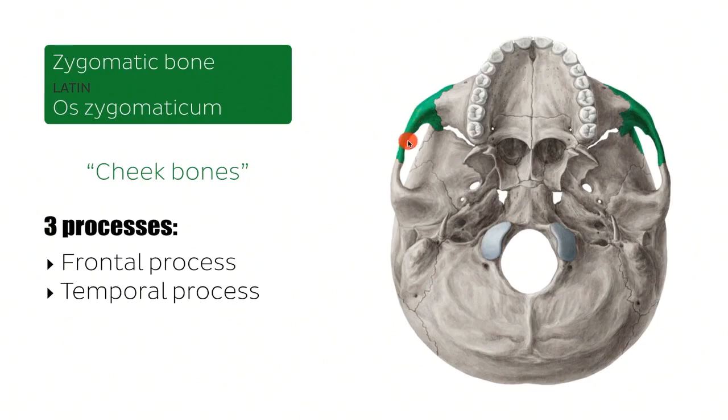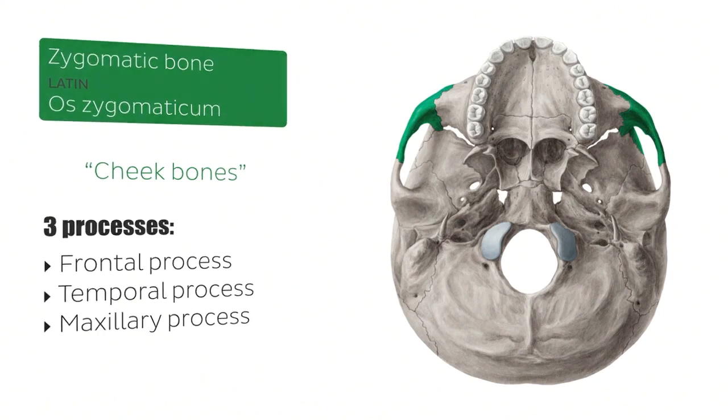These are the temporal processes of the zygomatic bone articulating here with the zygomatic process of the temporal bone and forming the zygomatic arch. And another part that we can see is the maxillary process, which is articulating then with the maxilla. And these 3 processes vary in shape and size.